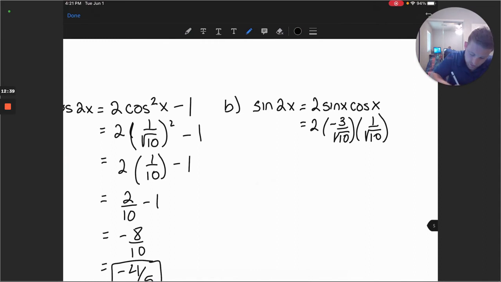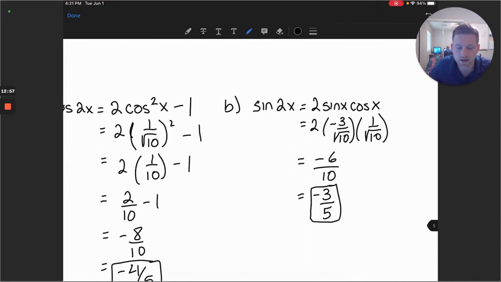So let's take the product here. We have 2 and negative 3 is negative 6. Divide by square root of 10 squared is going to be just positive 10. And that would give us negative 3 over 5. There's my sine 2x.